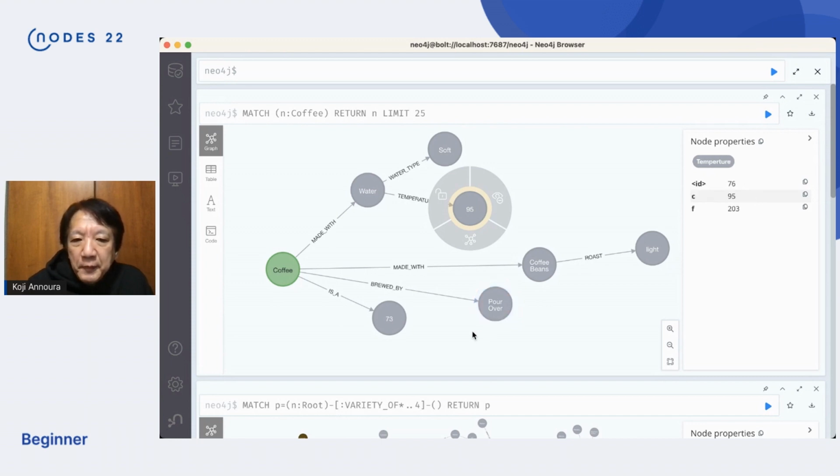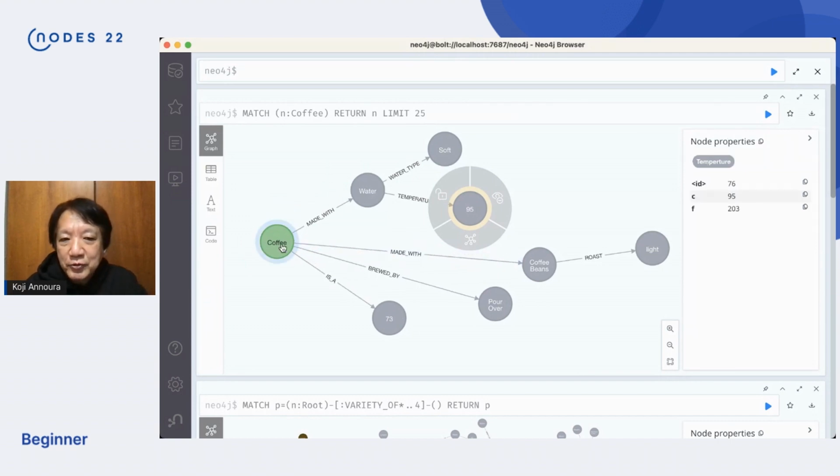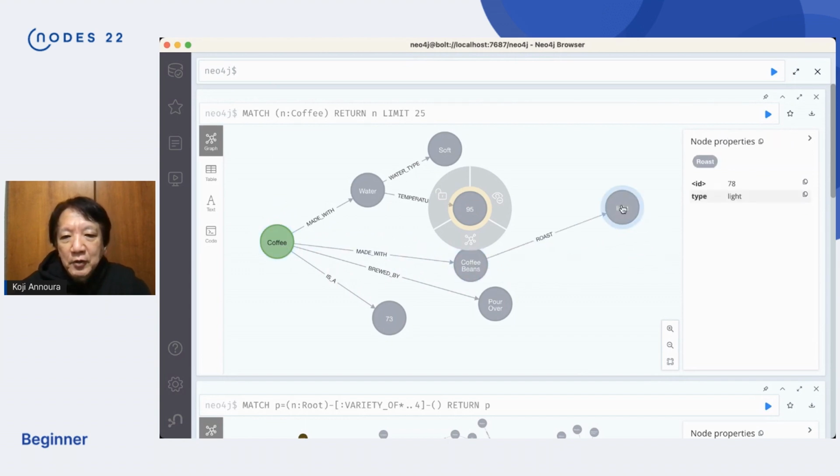So the next recommendation is coffee beans, brewed some way, and the roast is light.